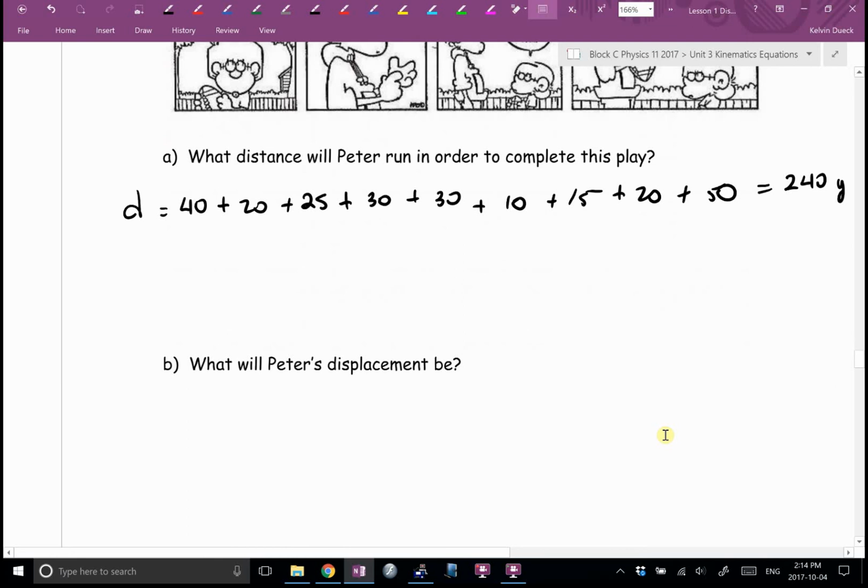Hey, everyone. What will Peter's displacement, with the vector symbol, be? Exactly how big? That's really the difference between distance and displacement.